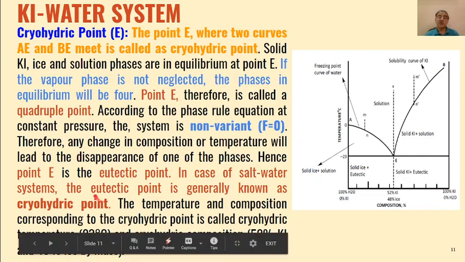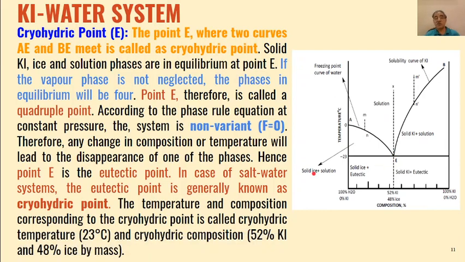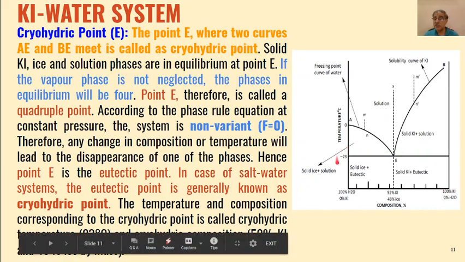Here the salt is soluble in water, so that is why we call it the cryohydric point. And at this point, because this is a quadruple point or cryohydric point, the temperature and composition will be fixed. So the temperature here is minus 23 degrees centigrade and the composition is 52% potassium iodide and 48% ice.